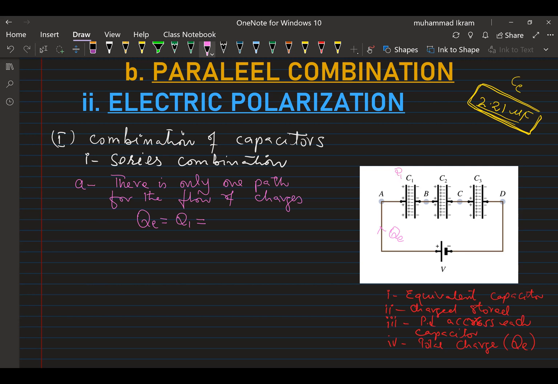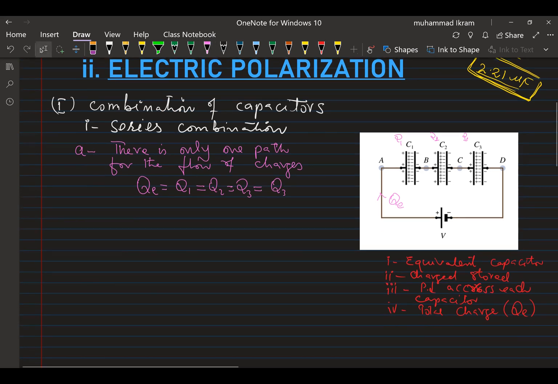Whether you say Q1, Q2, or Q3, or if you have not three but n number of capacitors, they will be the same. What is the reason? Because the law of conservation of charges says charges are neither created nor destroyed.